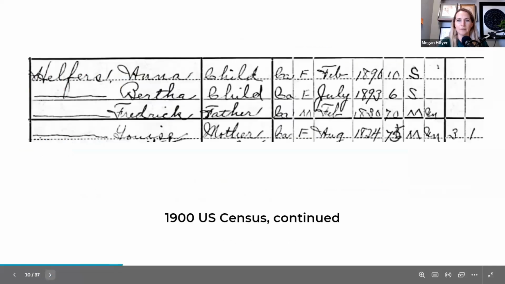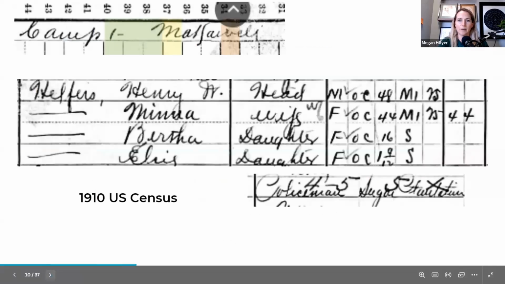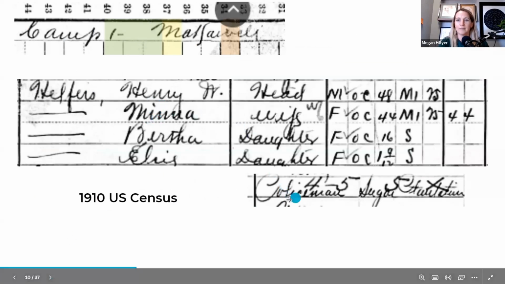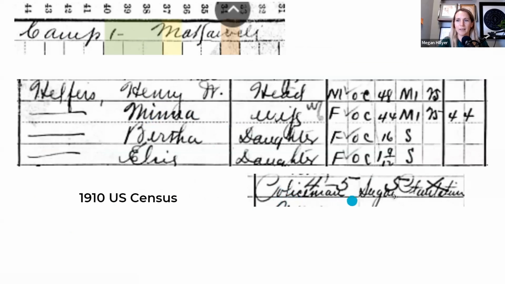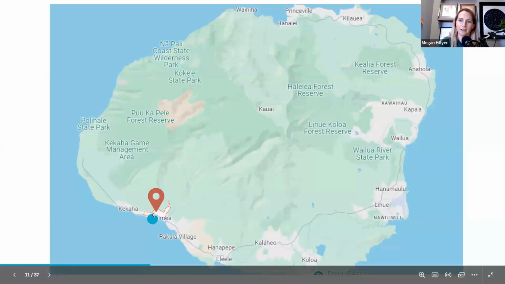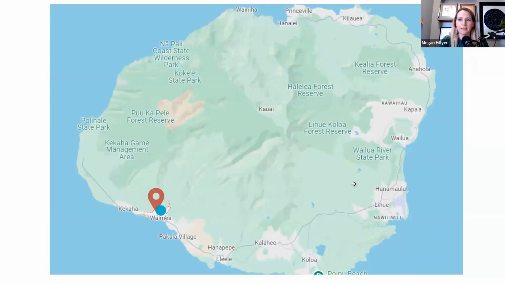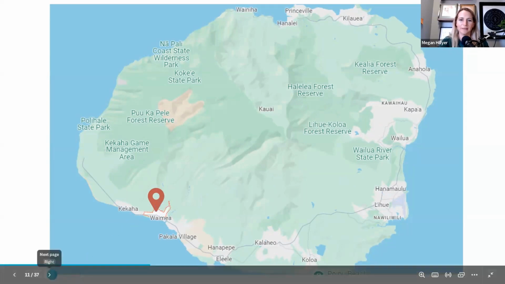Then we know by the time they were in 1910, I found the 1910 census. Now we have Henry and Mina, and Henry is now a policeman at a sugar plantation, and it tells where they lived at Makaweli, which was over here on the island. So now we have that they lived here, and they moved across the island 10 years later, starting to build that timeline, right?